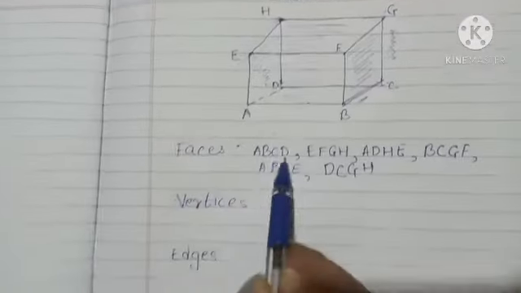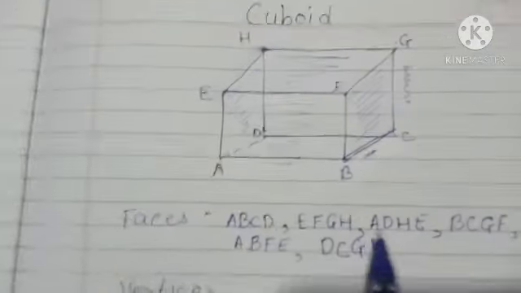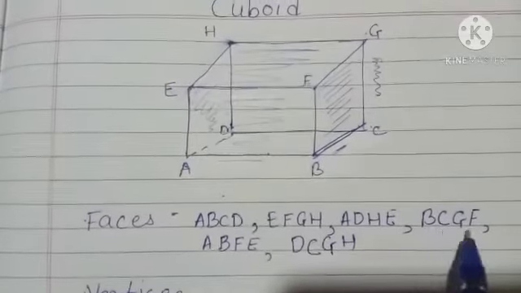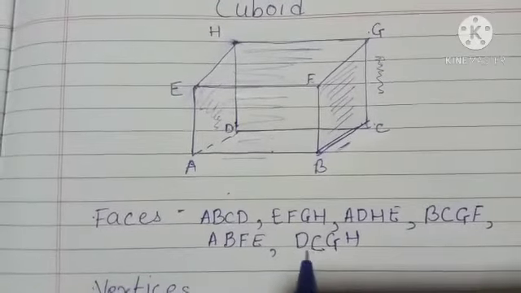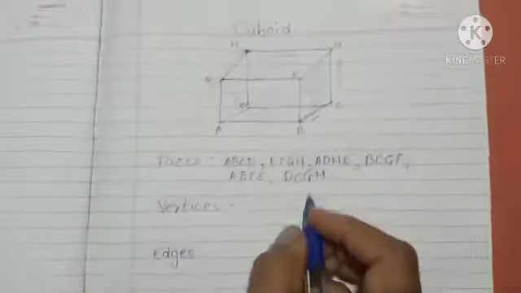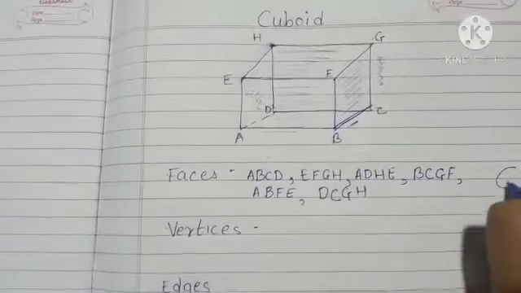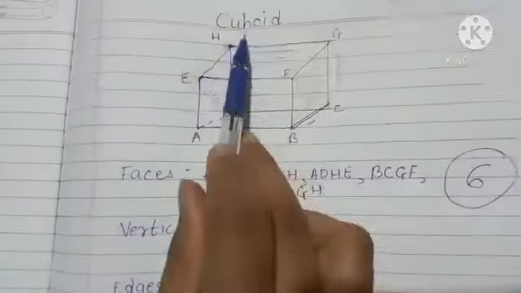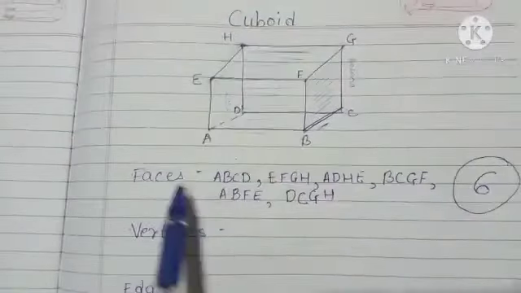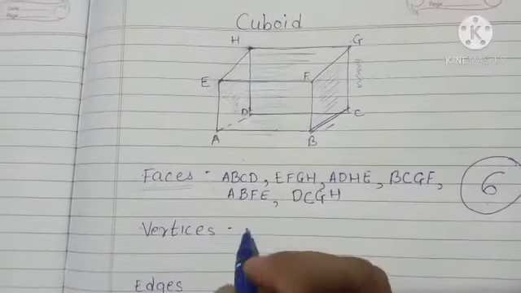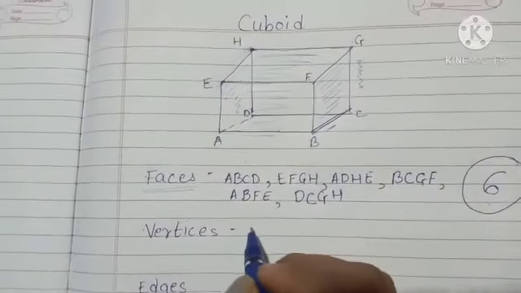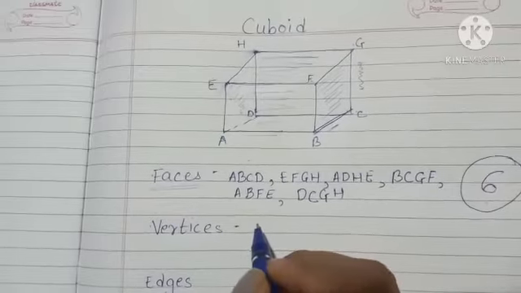Okay, it's A, B, C, D, E, F, G, H, A, D, H, E, B, C, G, F, A, B, F, E, D, C, G, H. Okay, yes. Now, how many faces are there? We have 6 faces of cuboid. A cuboid has 6 faces. Understood? Yes. Now we will be going towards the vertices.